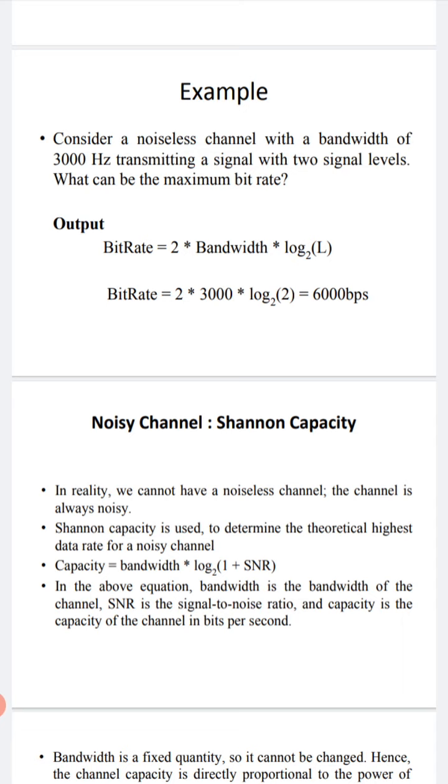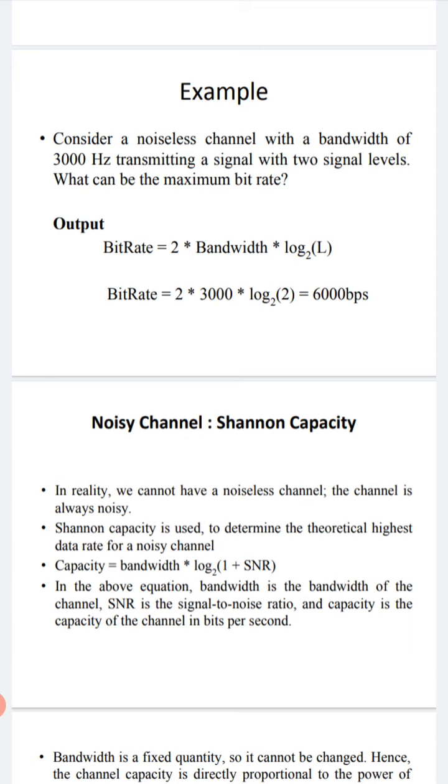The bit rate formula is bit rate equal to 2 into bandwidth into log L to the base 2. In our example, the bandwidth is 3000, and L is the number of signal levels. In the given problem, the number of signal levels is 2.